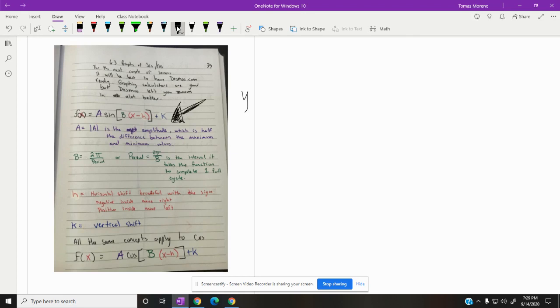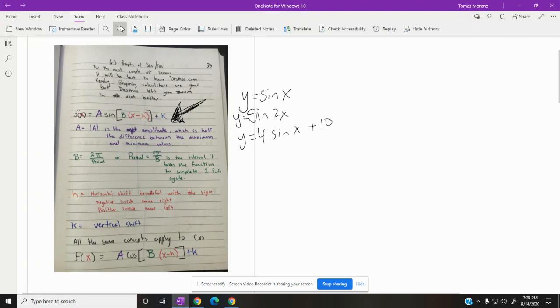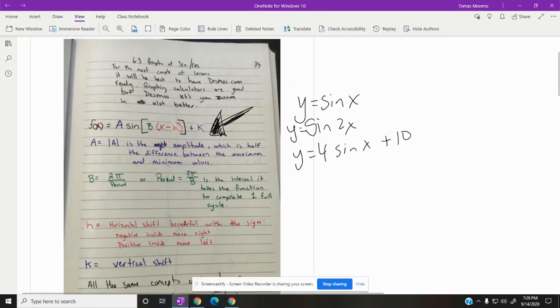Usually, you just see y equals sine of x, or y equals sine 2x, or y equals 4 sine x plus 10, right? And they go from there. But what I like to do is go over these concepts right here. Maybe I should zoom in. It's a little small. Okay, so again, keep decimals open because we'll be going back and forth.